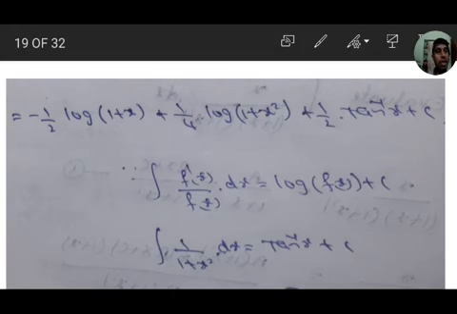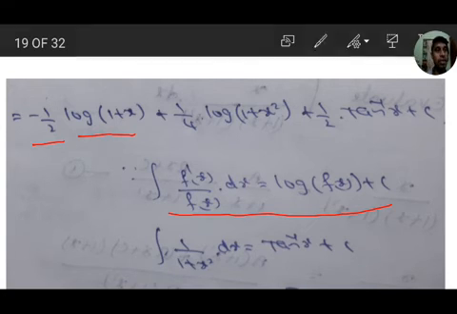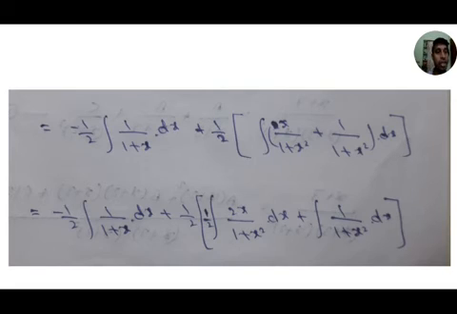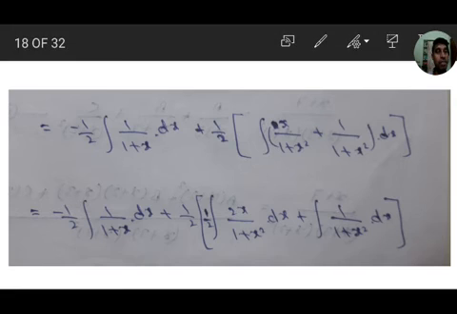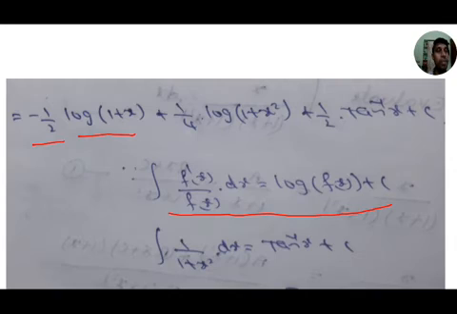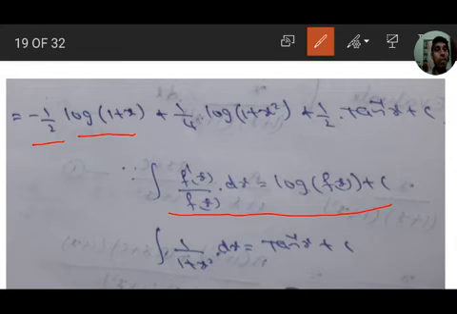Substituting: first one is 1 by 1 into log, so minus 1 by 2 into log of 1 plus x. The second, integration f dash x by f of x dx, is log of f of x plus c, where 2x is f dash x and 1 plus x square is f of x. So 1 by 2 into 1 by 2, that is 1 by 4, into log of 1 plus x square.